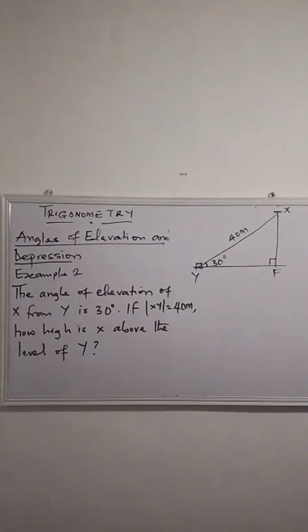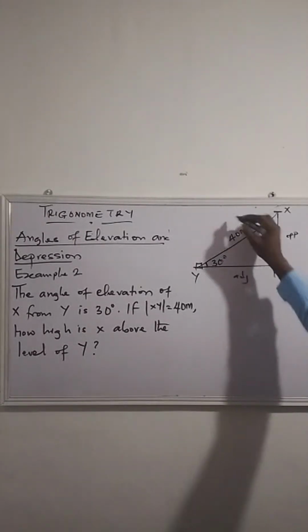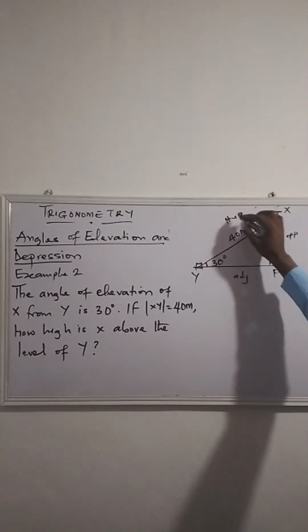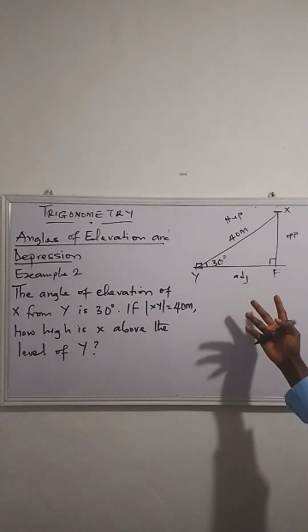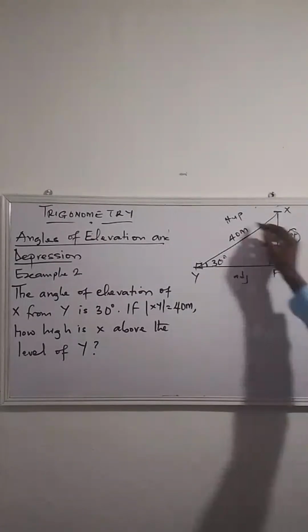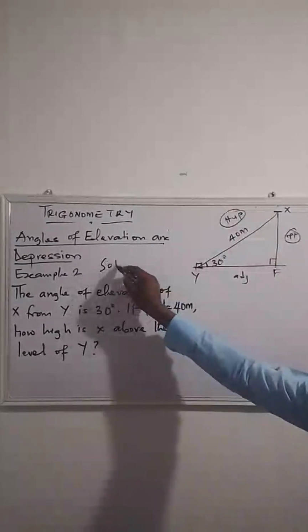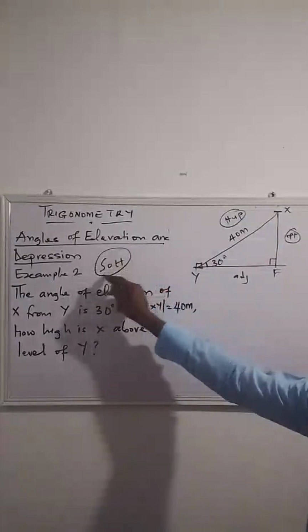So how do we do that? The first thing to look at is that this place is your opposite, this is your adjacent, and this is the hypotenuse. Since I want to get the opposite, I'm connecting O and H. So when you look at your SOHCAHTOA, this is the one you're going to use.